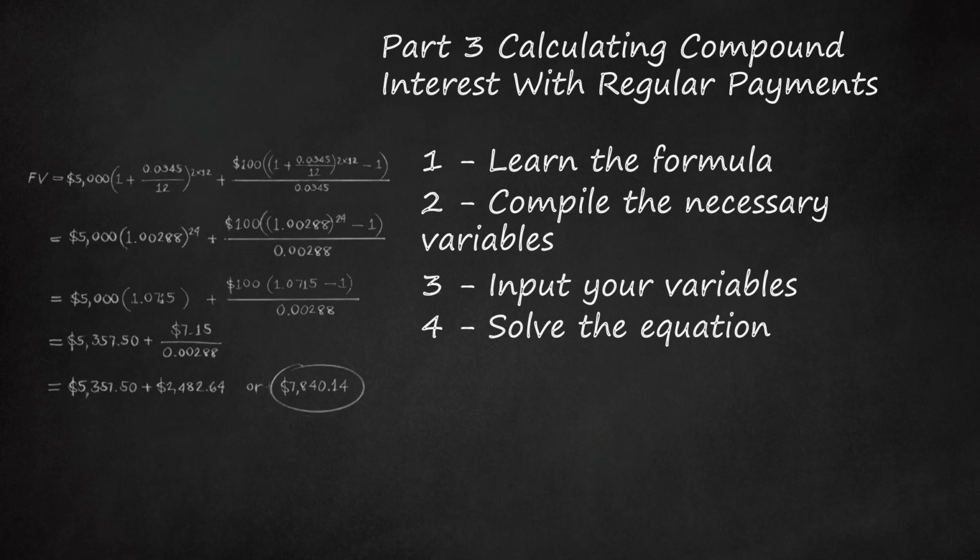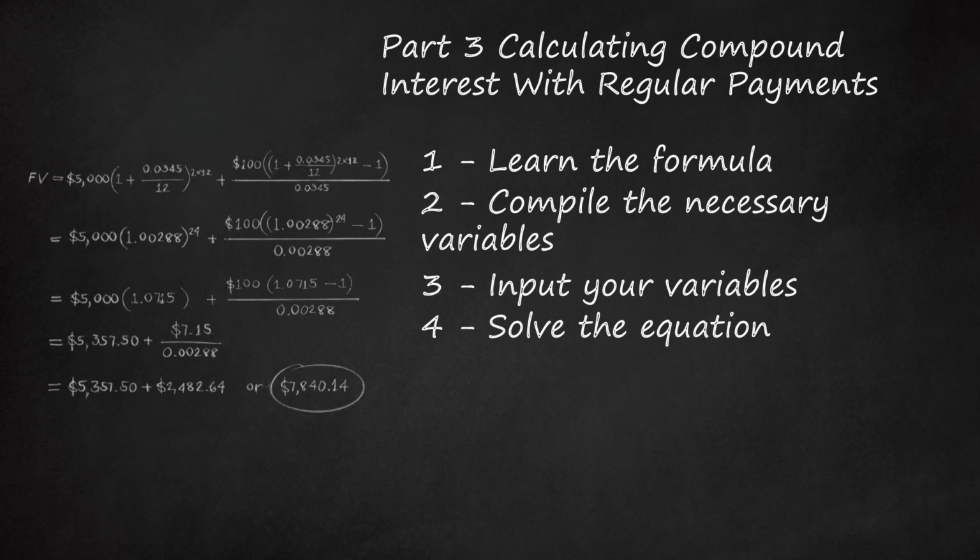Divide the fraction. This gives FV = $5,357.50 + $2,482.64.